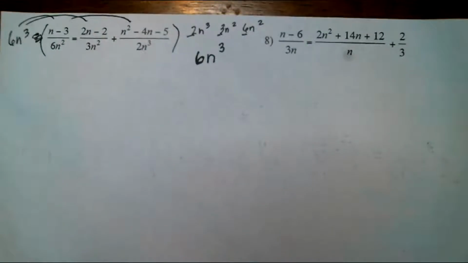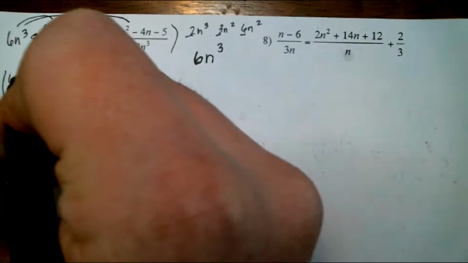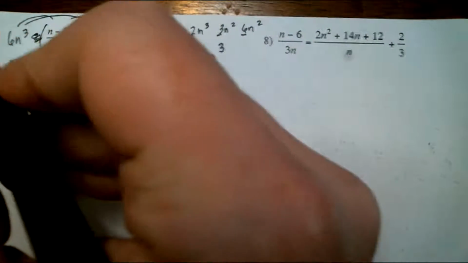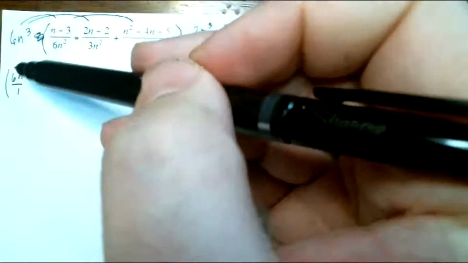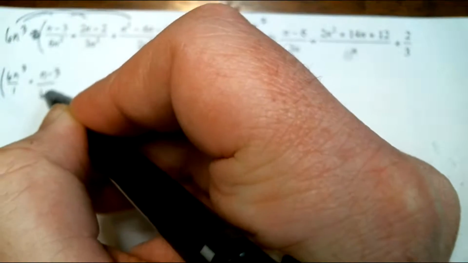Distribute, distribute, distribute. But it shouldn't be too bad. Nothing that we cannot handle. Okay, so here we go. We're going to say 6n cubed over 1. Same thing just like we did on the front. We say what we have times 1, and then I need to multiply it times all this right here. Times n minus 3 over 6n squared.